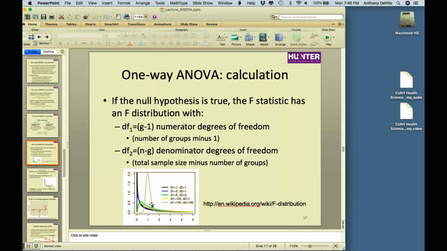You would look up the F value for 5% left in the tail, what that F value has to be for each of these different circumstances: how many groups, how many samples within each group.